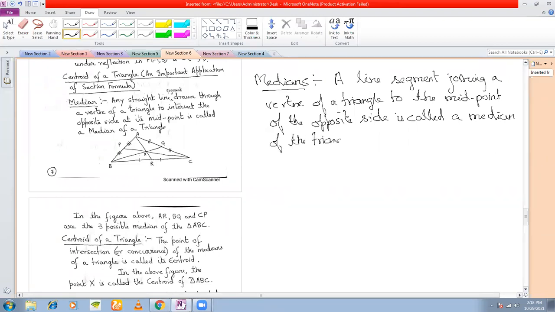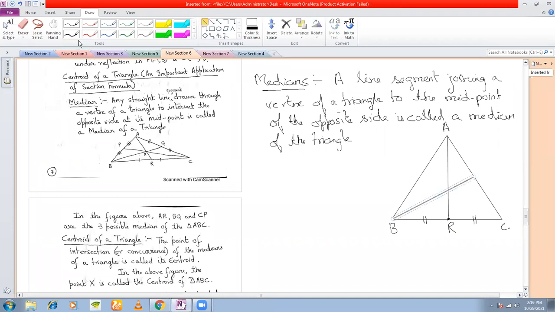So now you remember the definition that I told you in class 9. If you have a triangle, from this vertex you join the midpoint of the opposite side. So you have vertex A joined to the midpoint of the opposite side BC. Let us call this R. And again, I can have another median. From B, I join the midpoint of the opposite side AC.